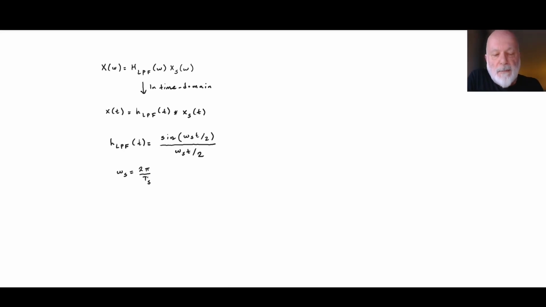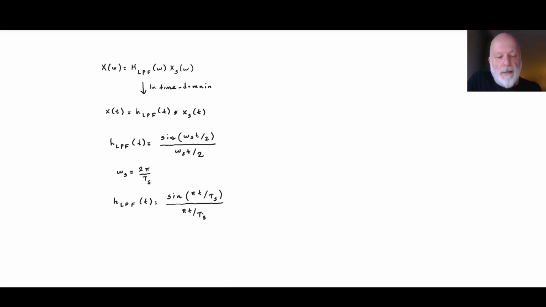So if we substitute this in the impulse response expression, h LPF of t becomes sine pi t divided by Ts, divided by pi t divided by Ts.